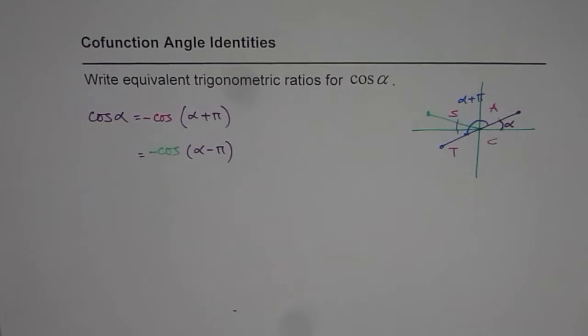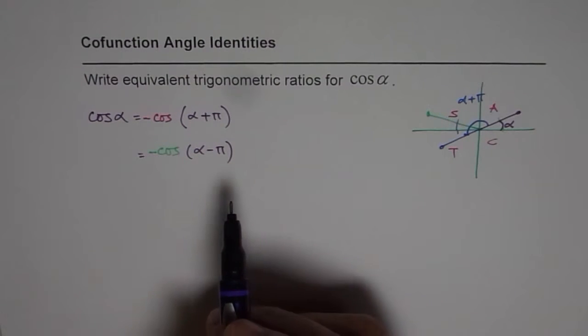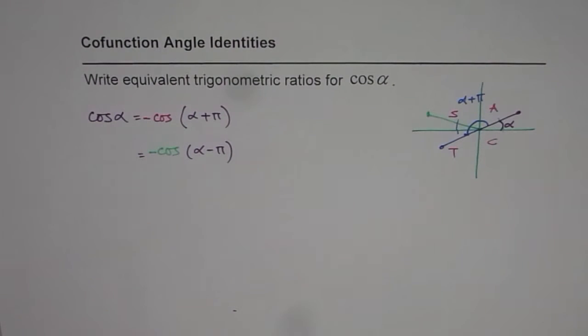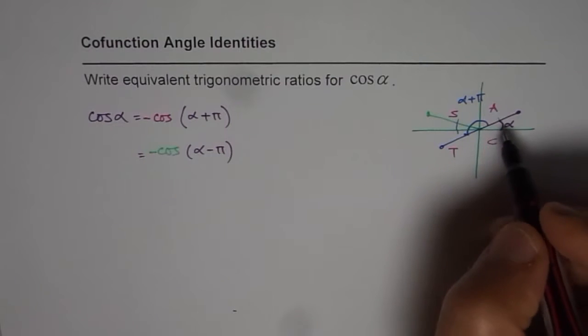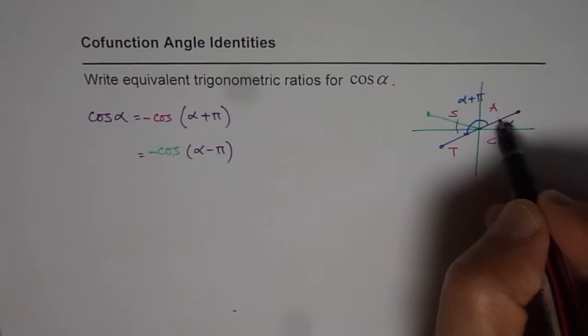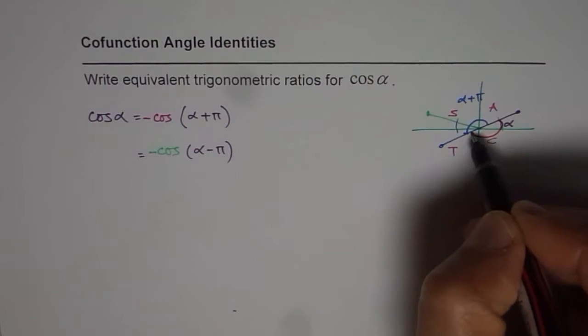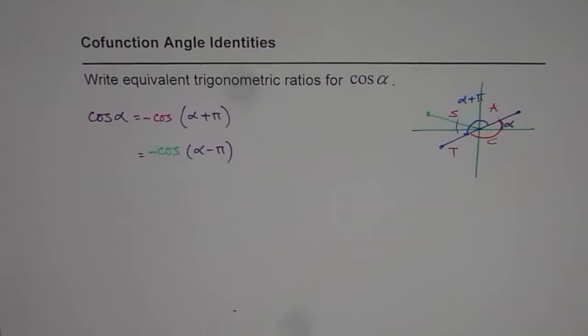I hope that is clear. You could have reached this position like this also. That means from here you do minus pi, right? So you come back to this position.